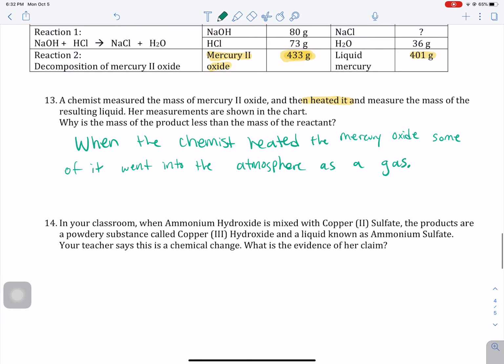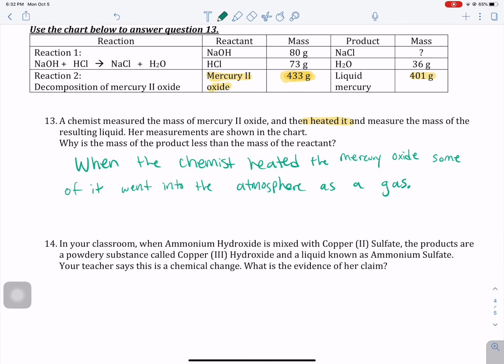Okay. In your classroom, when ammonium hydroxide is mixed with copper 2, the products are a powdery substance called copper hydroxide and a liquid known as ammonium sulfate. Your teacher says it's a chemical change. What is the evidence in her claim?